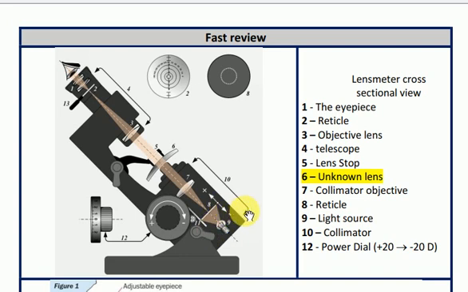This is the collimator, and this is the power dial from plus 20 to minus 20.